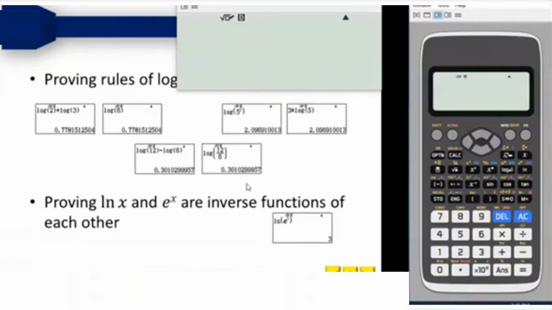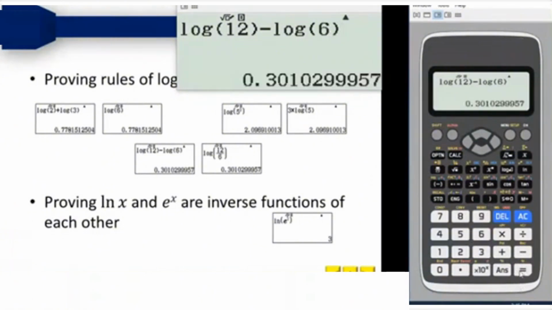All right. The next rule is, if two log functions are subtracted, it is the same as dividing the powers. So if I write shift log 12 minus shift log 6 and close the bracket, my answer is 0.30103. Agreed?